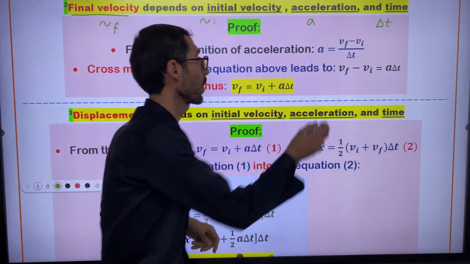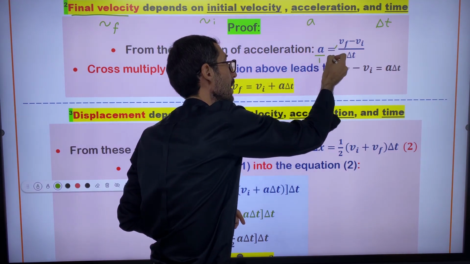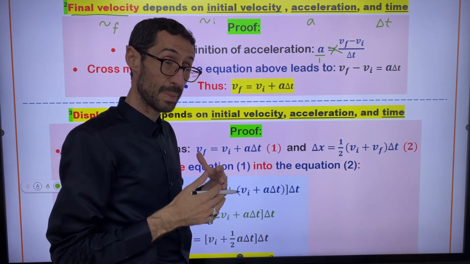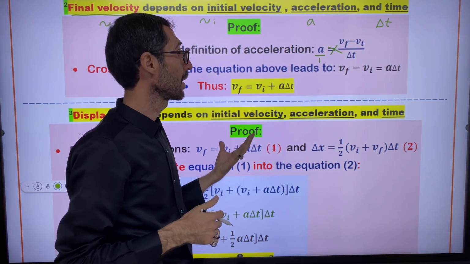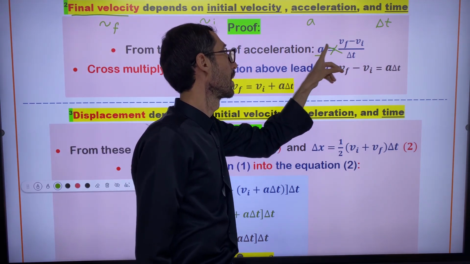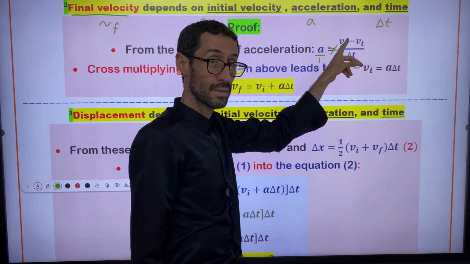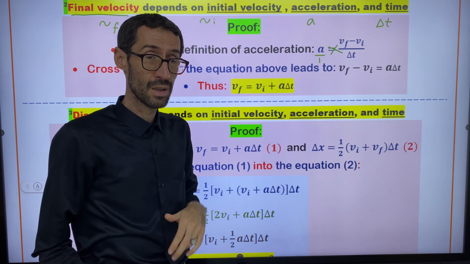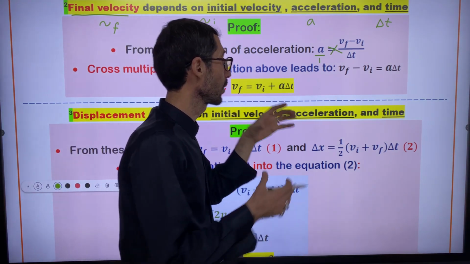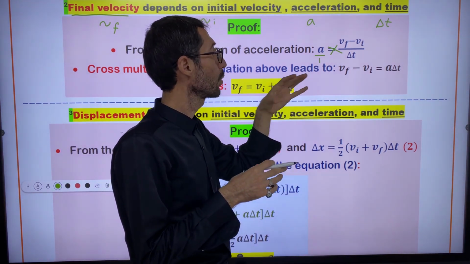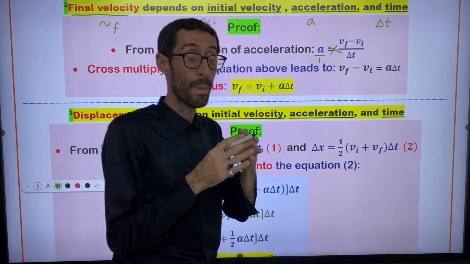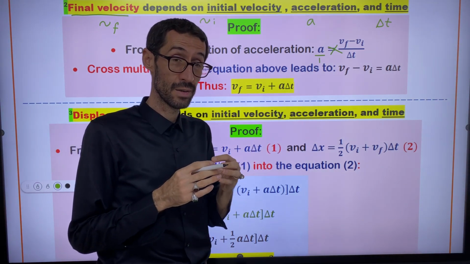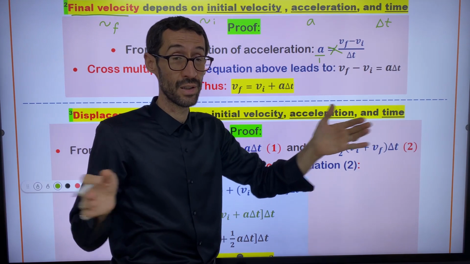Cross multiplication means you have to multiply the numerator of one side by the denominator of the other side, in order to change the fraction into a linear equation.